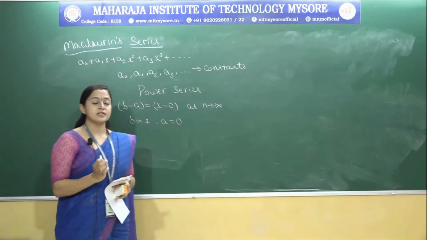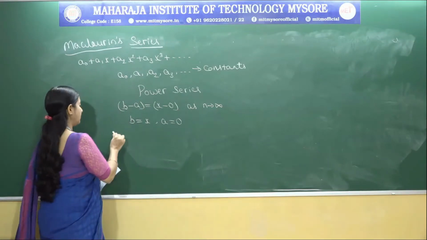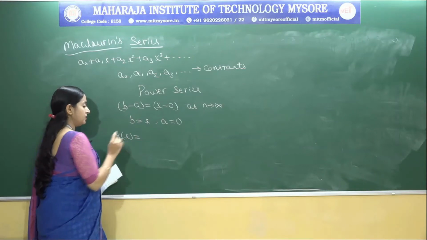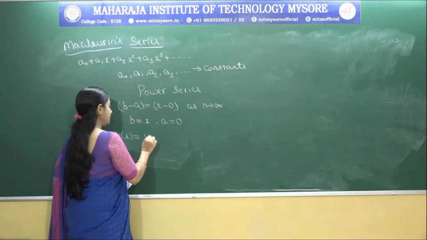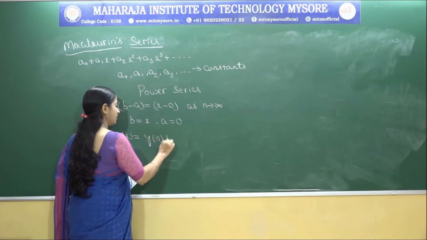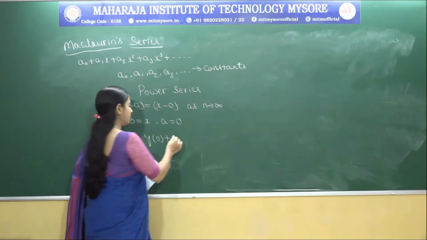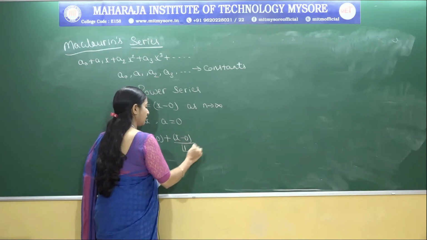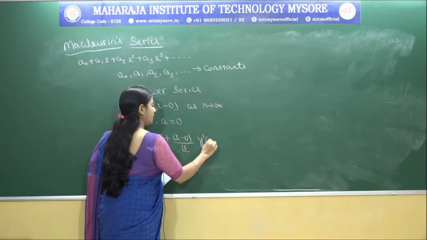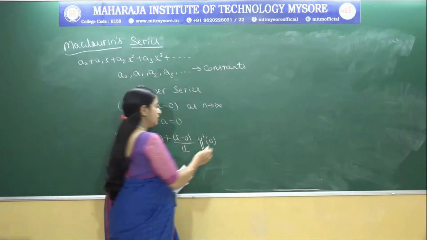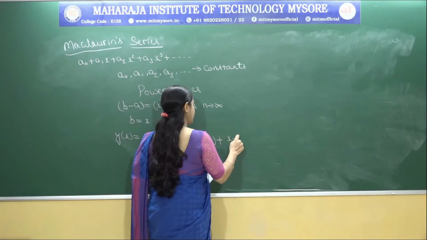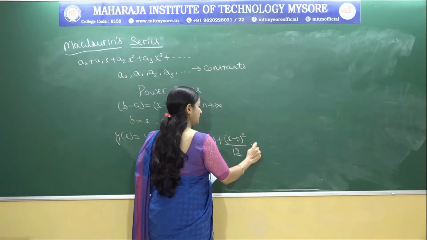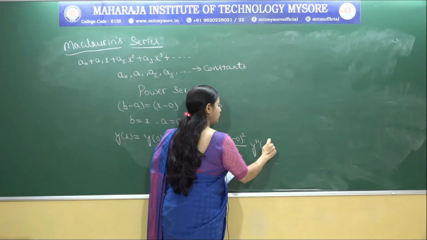You know the Taylor series expansion: the first term on the LHS is y of b. So you write y of x equals y of a, that is y of 0, plus b minus a, that is x minus 0, divided by 1 factorial, y dash of a, that is y dash of 0, plus x minus 0 whole square divided by 2 factorial, the second derivative of 0.